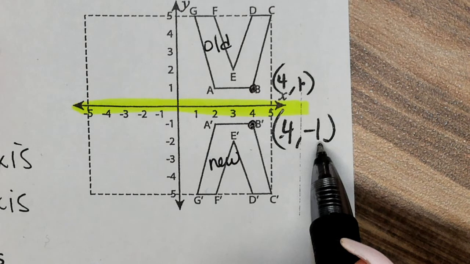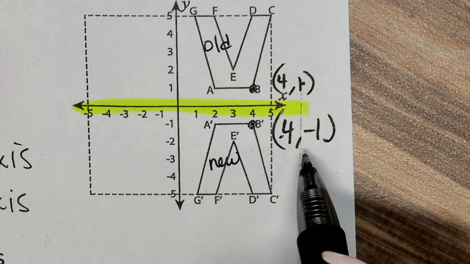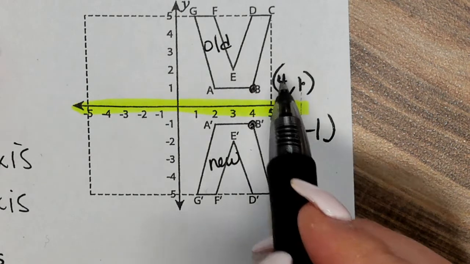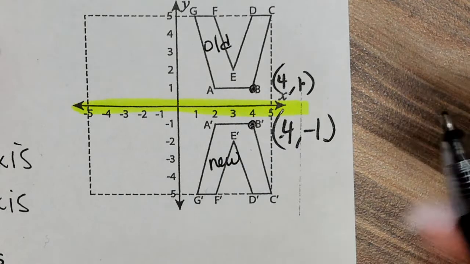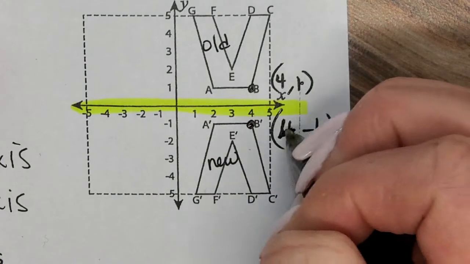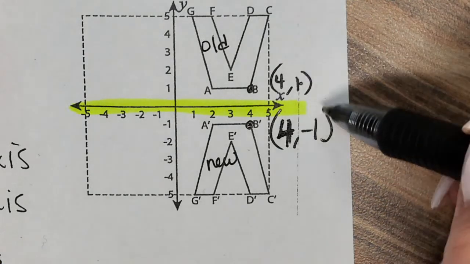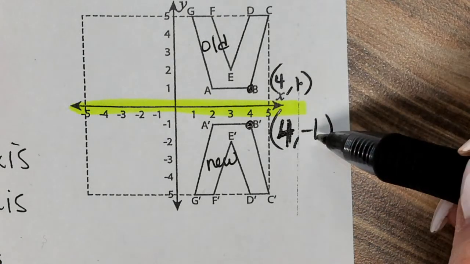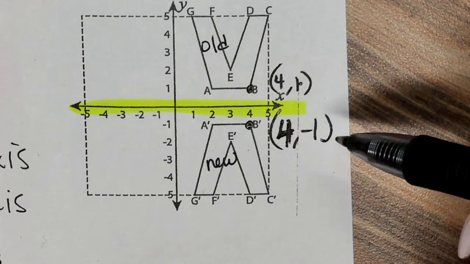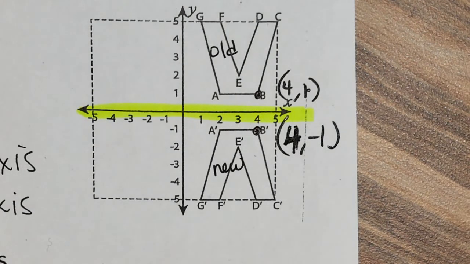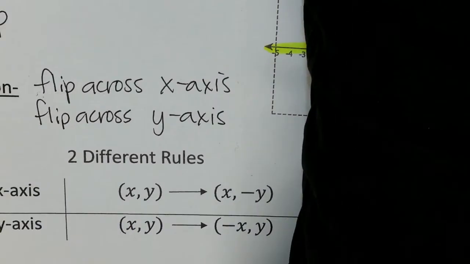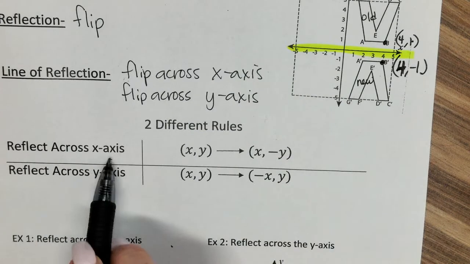I'm going to say it again. When you reflect across the x-axis, the x, I didn't mean to put a little negative, that's a +4. The x stays the same, but what happens to the y? It becomes opposite. So if it's negative, it'll become positive. If it's positive, it'll become negative. Look at the rule for reflections across the x-axis.